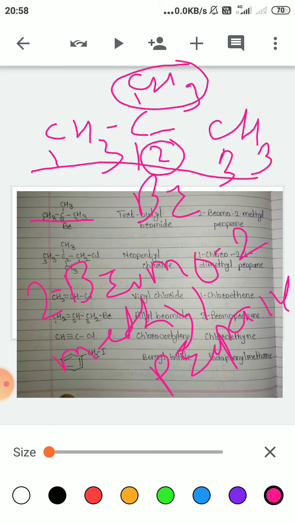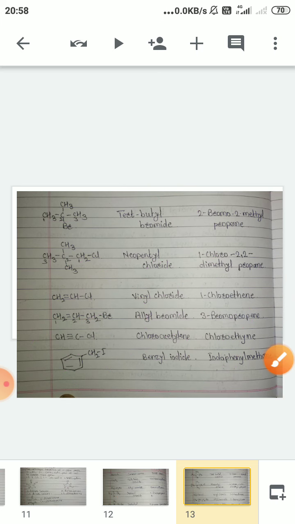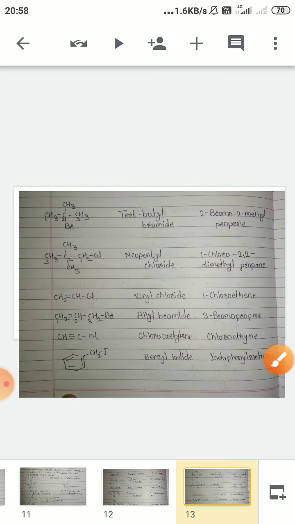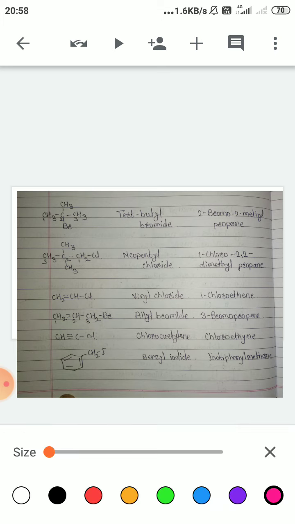The name of this compound is 2-bromo-2-methyl propane. Tertiary butyl bromide is the common name, while 2-bromo-2-methyl propane is the IUPAC name.